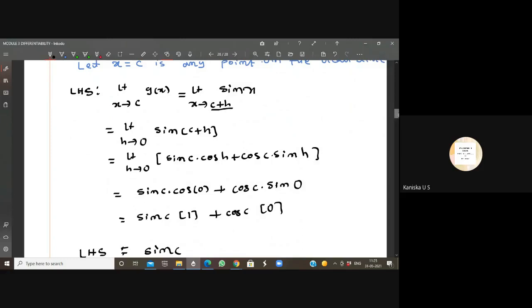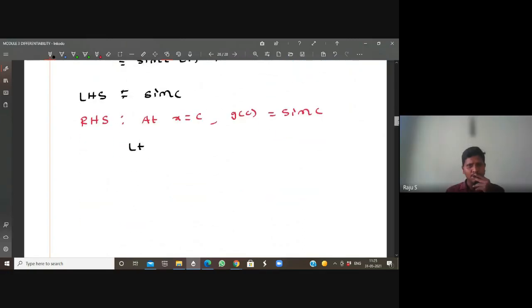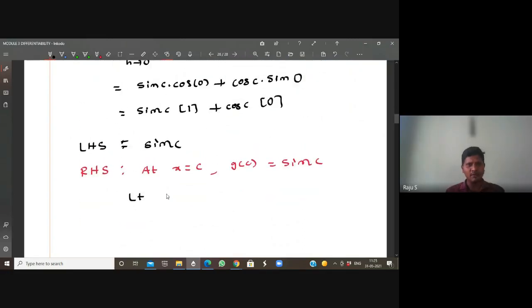Okay, sir. See here, we got LHS equal to RHS. That is, the limit as x tends to c of g of x, the value we got as g of c.